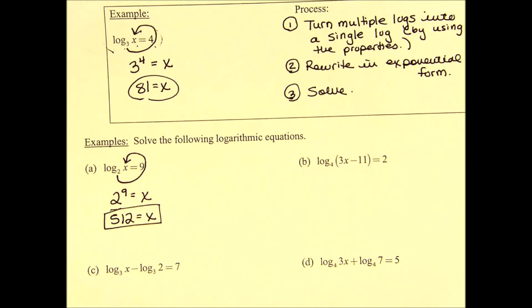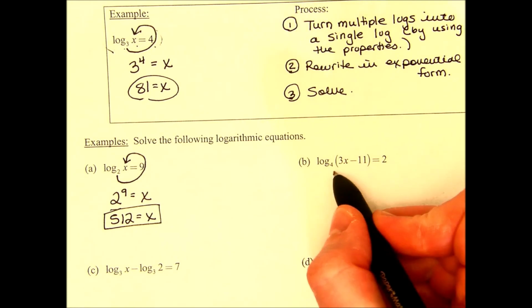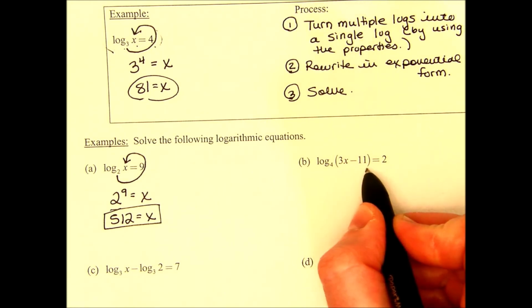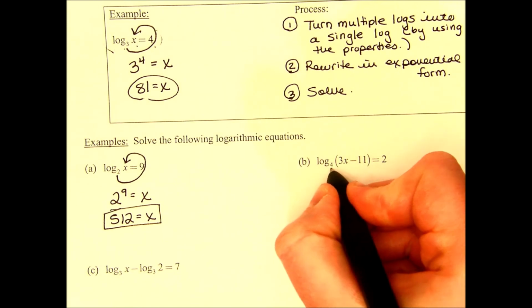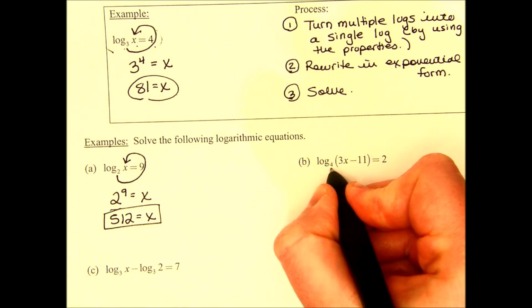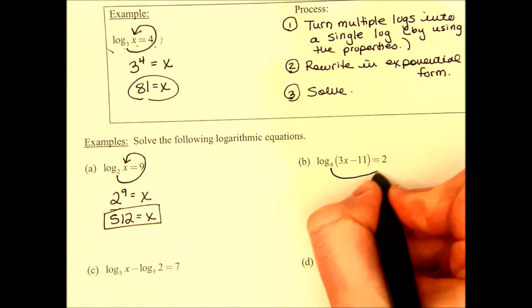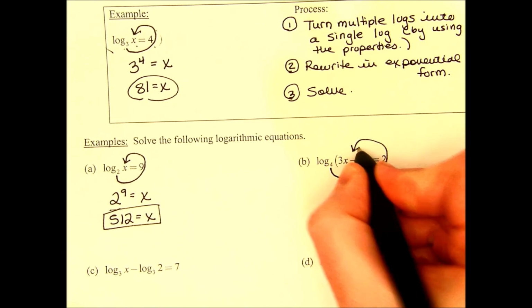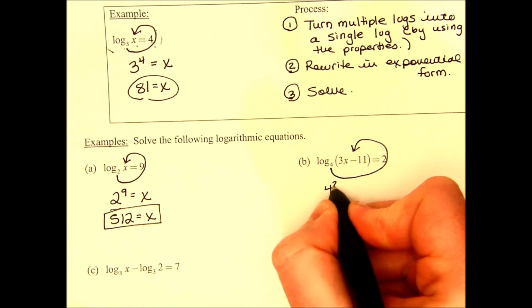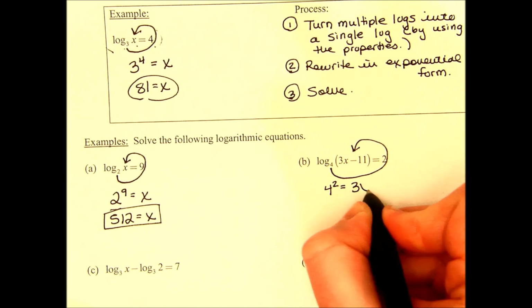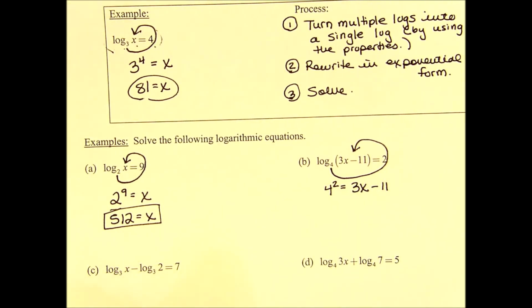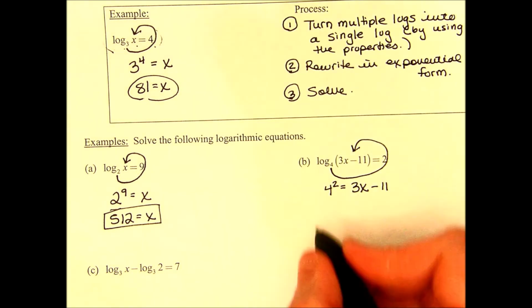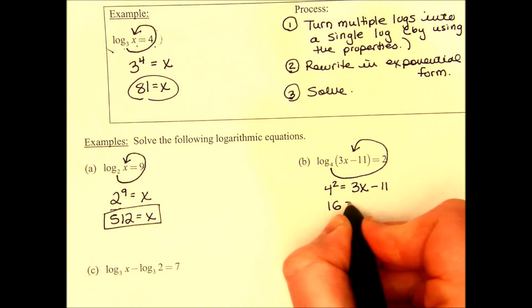In letter B, log base 4 of 3x minus 11 equals 2. I'm going to convert that to exponential form. So I'm going to say 4 raised to the 2nd power equals 3x minus 11. Well, 4 raised to the 2nd, that's just 16. 16 equals 3x minus 11.